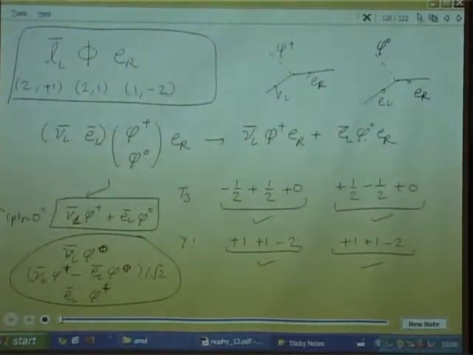I have EL, I have ER. They have different eigenvalues. They have different Y values, for example. So I don't consider EL and ER as the same particle. And this is an interaction term, so I am not allowed to change anything about L and R. You can look at them as two particles which have the same name, electron, but all those properties are different. So one is EL, one is ER.